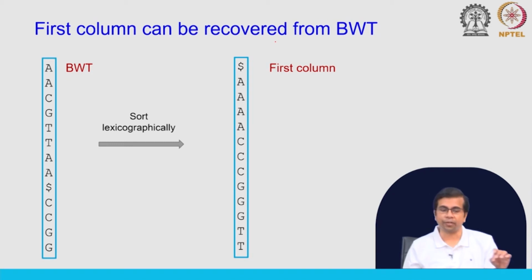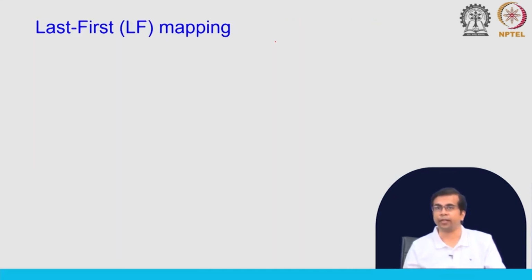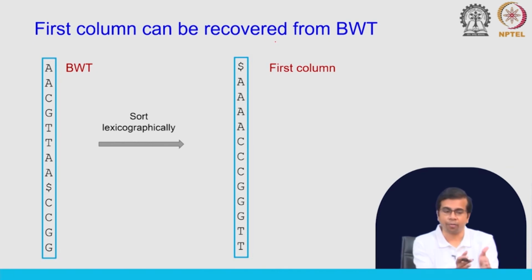Just by sorting this BWT, you can generate the first column, and you can match this against the matrix. This information is very helpful, because if you store it along with positions in a file, when you are running this program, you can generate the first column.